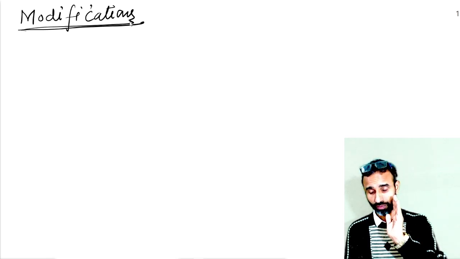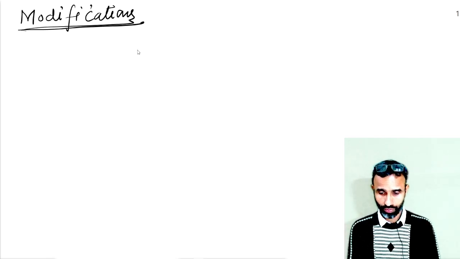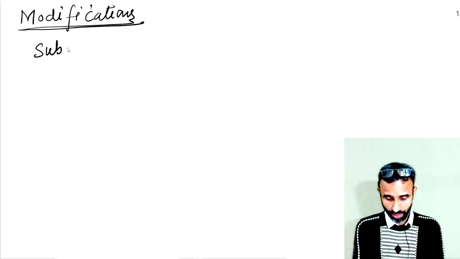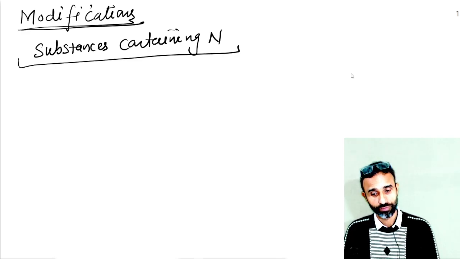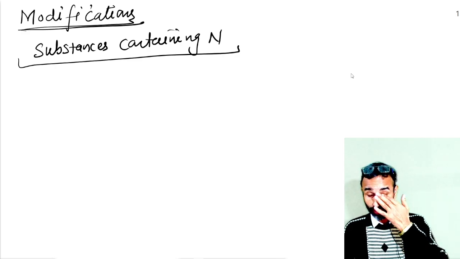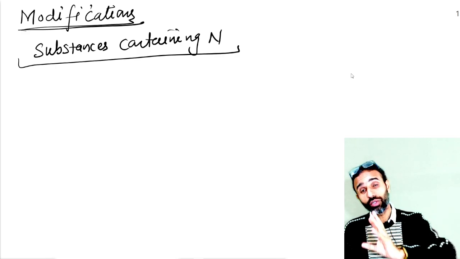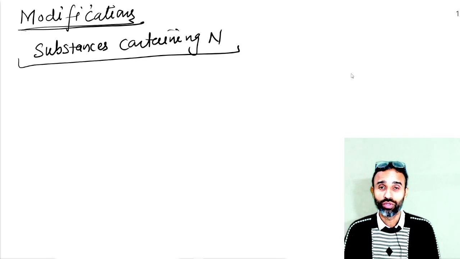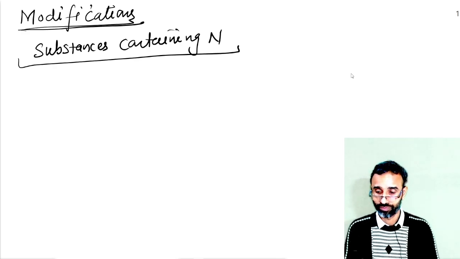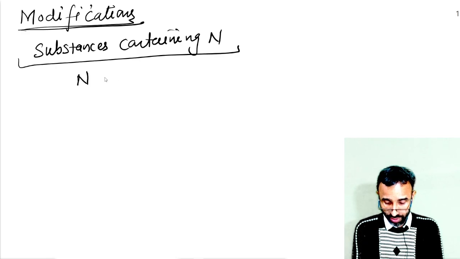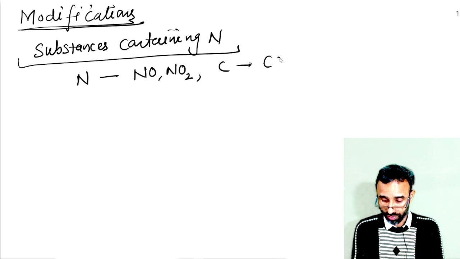So if the organic compound contains nitrogen, when cupric oxide is used, the nitrogen present in the compound is converted into nitric oxide or nitrogen dioxide, along with carbon which is converted into CO2.